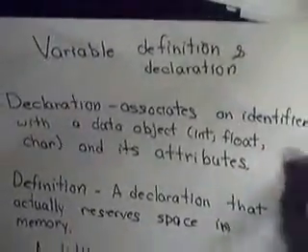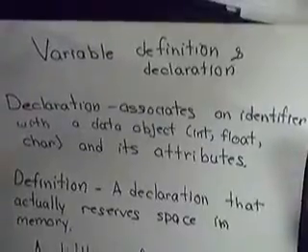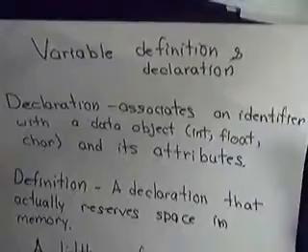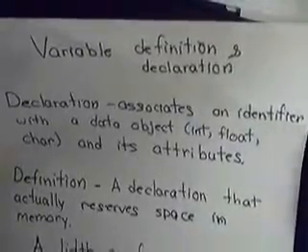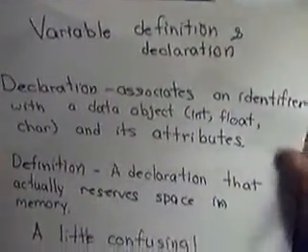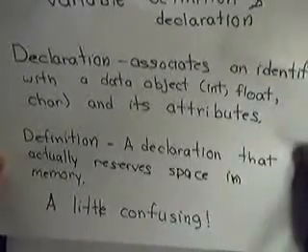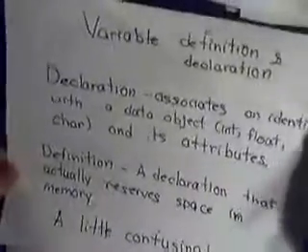What are the attributes? Again, specifiers and modifiers, like short, int, static, and for a specifier, static, extern, and so forth. And the definition is exactly like a declaration, but it is the operation where you reserve space in memory. I'm hoping this is not too confusing. These are very confusing terms.